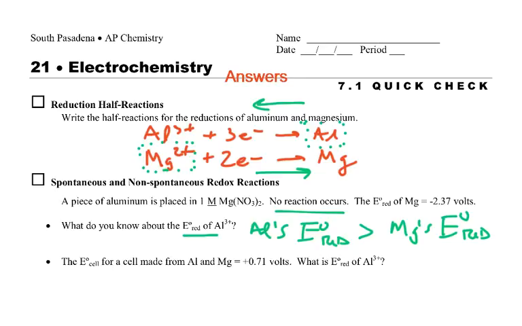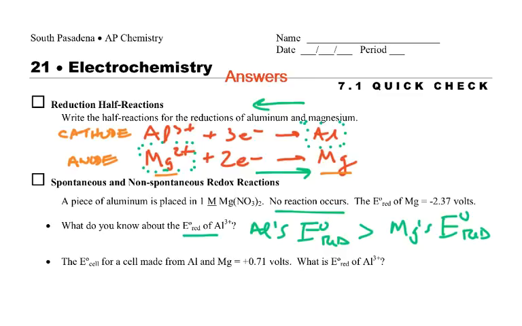Further than that, if I'm going to make a cell out of these two, then because aluminum is higher, that's going to be my cathode, that's going to actually do reduction, and this is going to be my anode. And I also know that the anode reaction is going to be magnesium metal turning into magnesium ions.